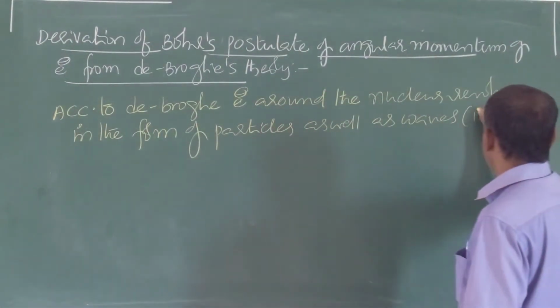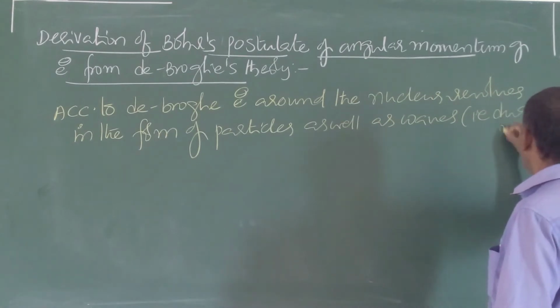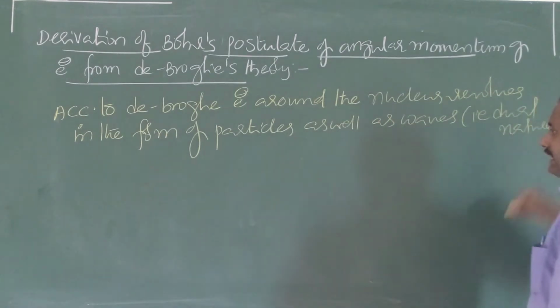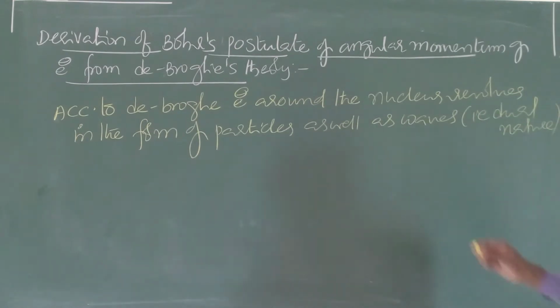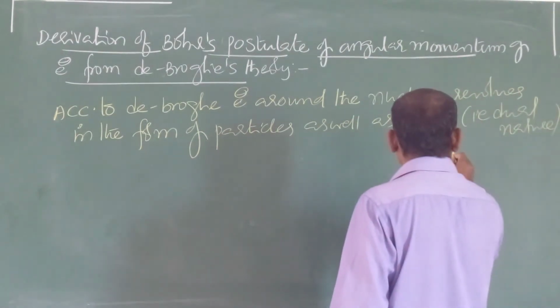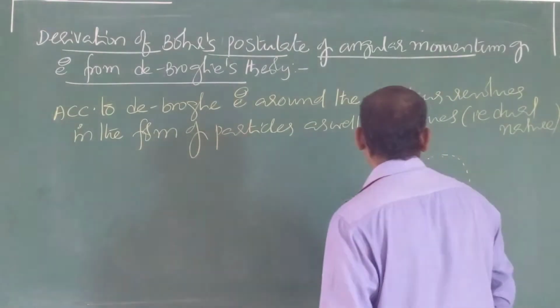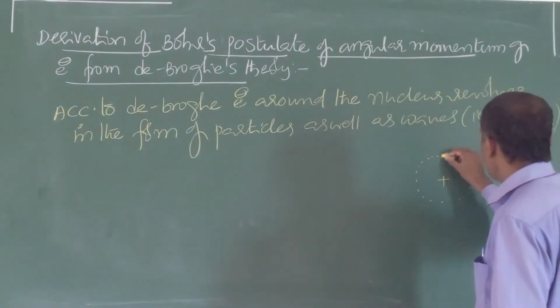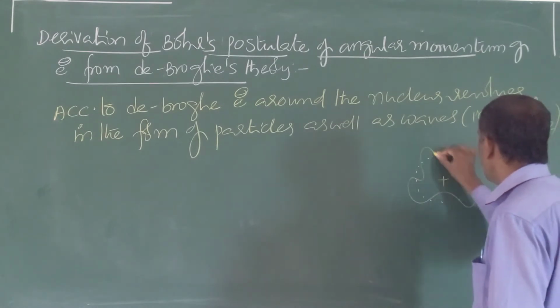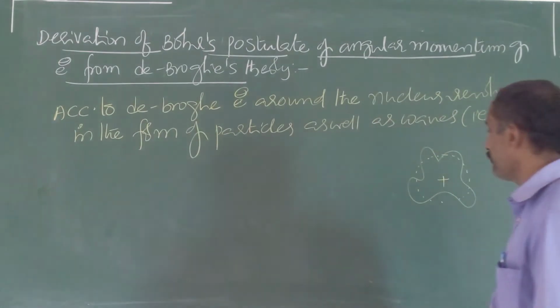Why? Dual nature. So this is the nucleus. According to de Broglie, around the nucleus electrons revolve in the form of particles as well as in the form of waves, like this.